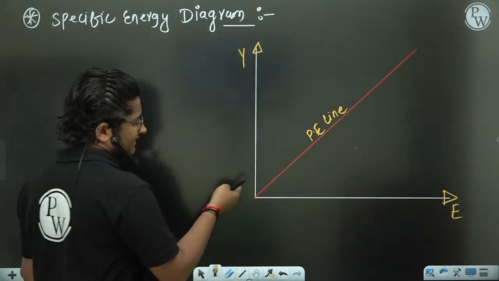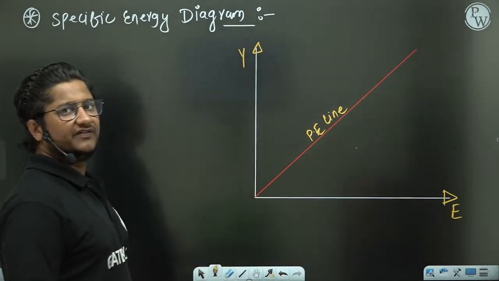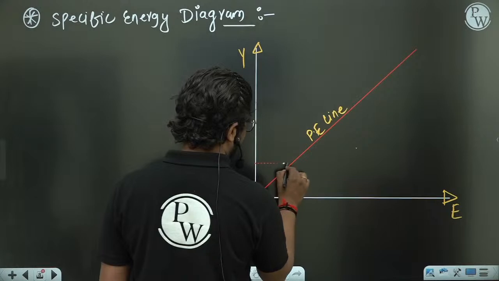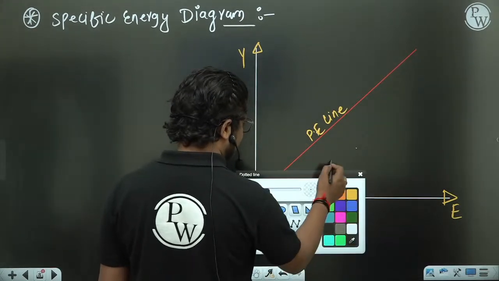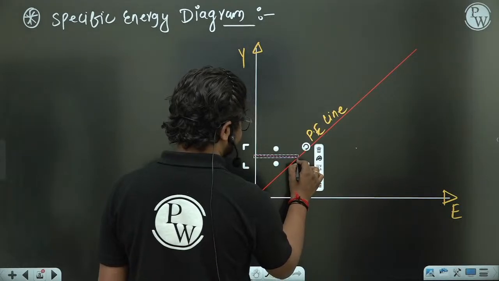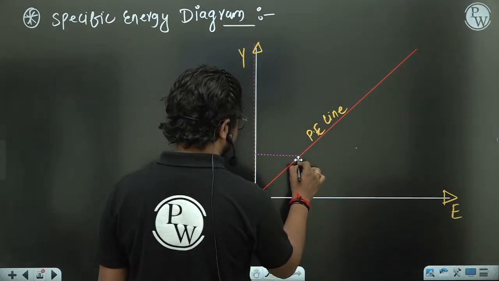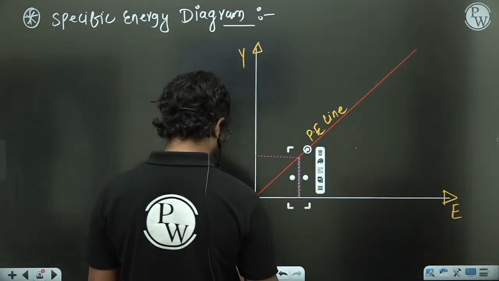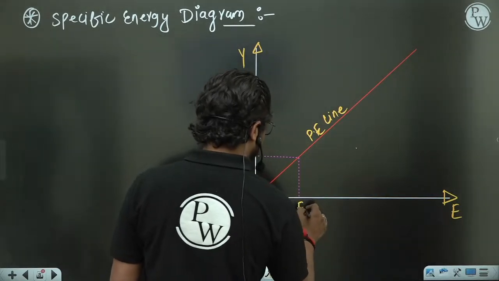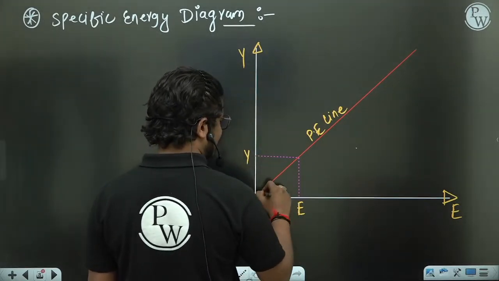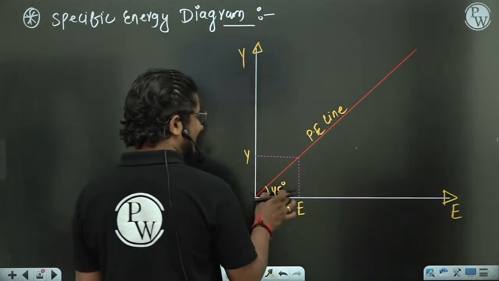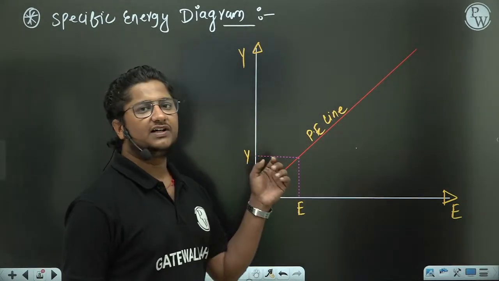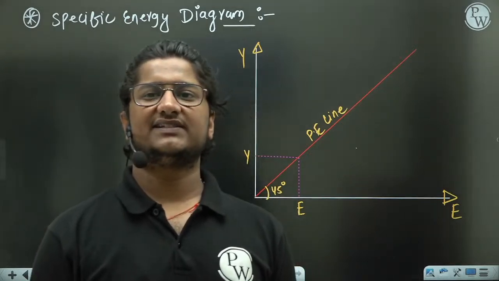This line we call the potential energy line. Why? If you take any point on this line, you will find the specific energy is equal to the depth, because this line is completely 45-degree. That is the reason we call it a potential energy line.